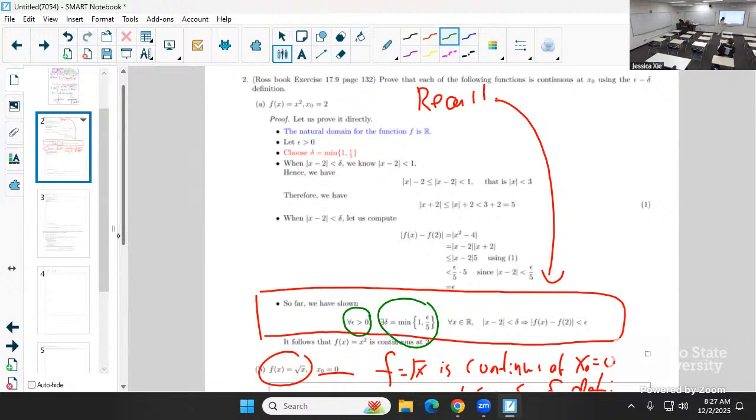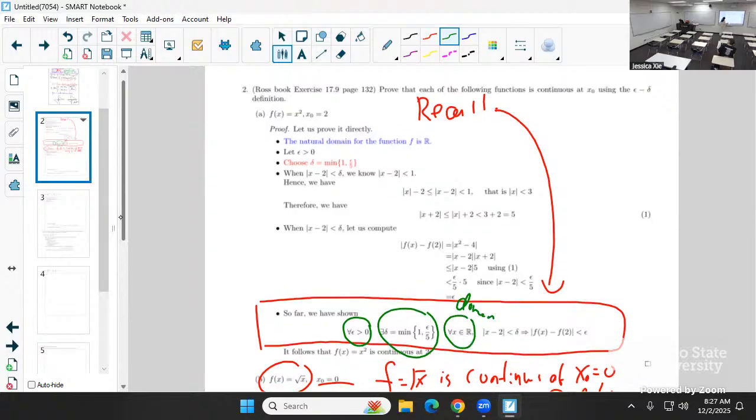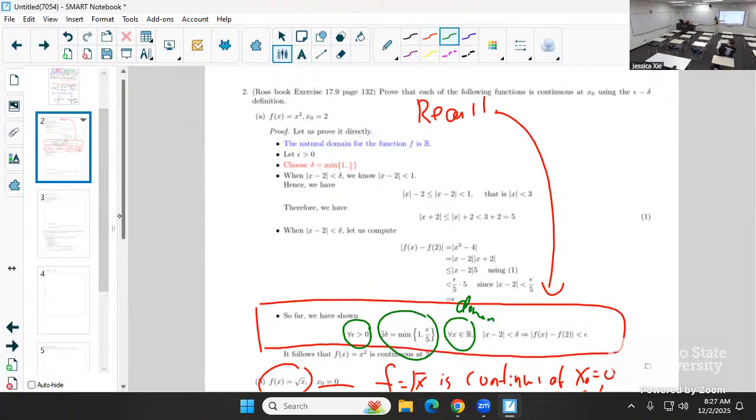Find the delta such that for all x in the domain, here the natural domain is R. In this case, for y equal to square root of x, the natural domain is R. For x in R, such that when |x minus x naught| is very small, less than delta, we have |f of x minus f of x naught| is also very small, less than epsilon. That's the epsilon delta definition.